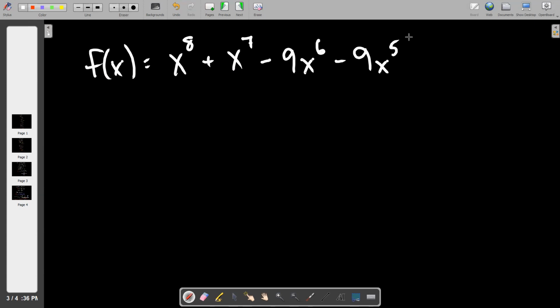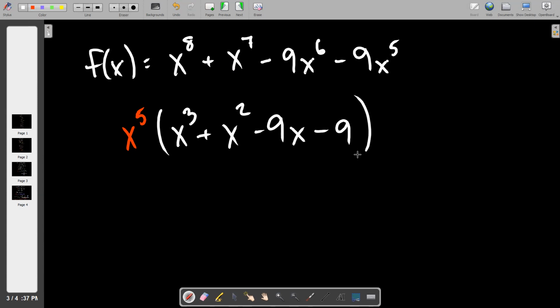GCF is x to the fifth. Very good. You can call it x5 if you really want to. It sounds like a fighter jet. The X5 fighter jet. What does that leave behind? Beautiful.